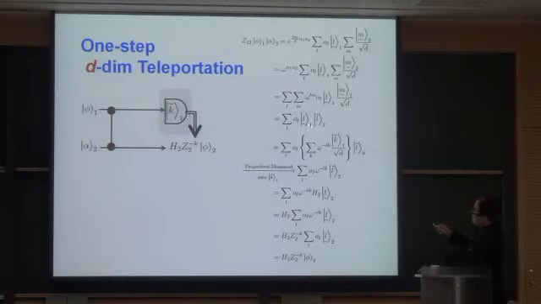Then you measure the first one in the pseudo-phase basis, and if the result is K, then the result becomes like this. That means by operating control Z and measuring the first one, the initial state is already transferred to here. This is a one-step teleportation.